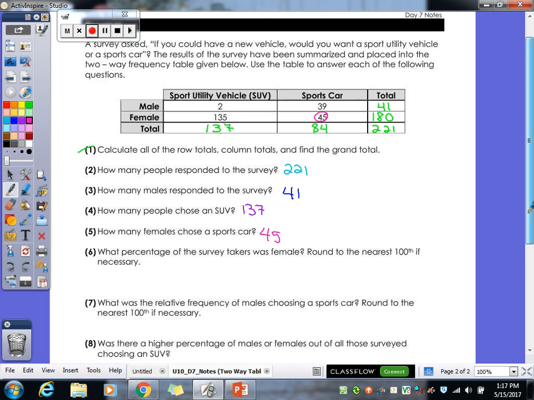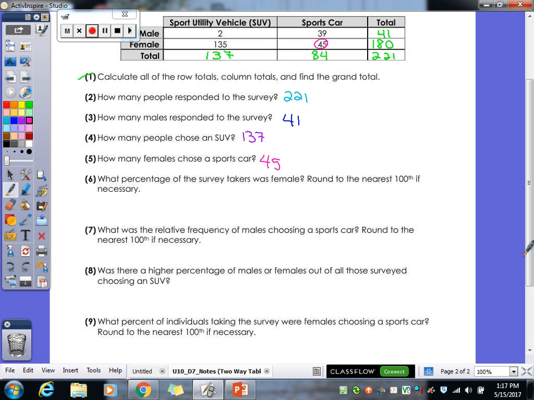Other questions they'll ask you involve a percentage. They want to know what percentage of the survey takers was female, rounded to the nearest hundredth if necessary. Because it says of the survey takers, this is going to be out of all 221 people that responded. The total number of females was 180.